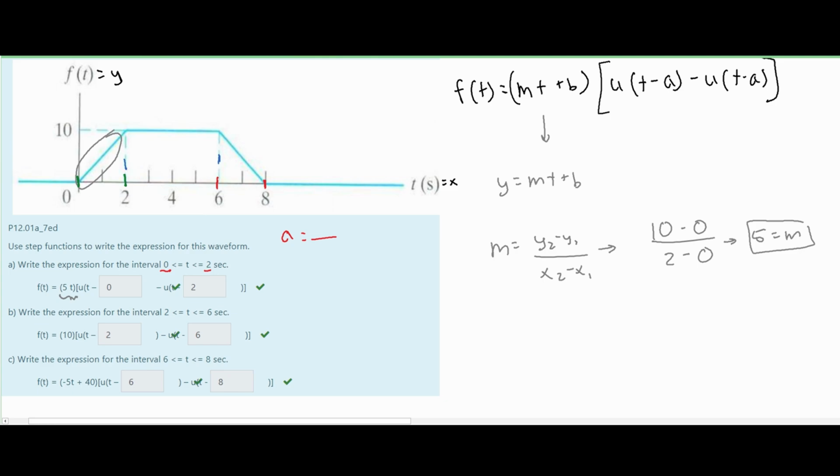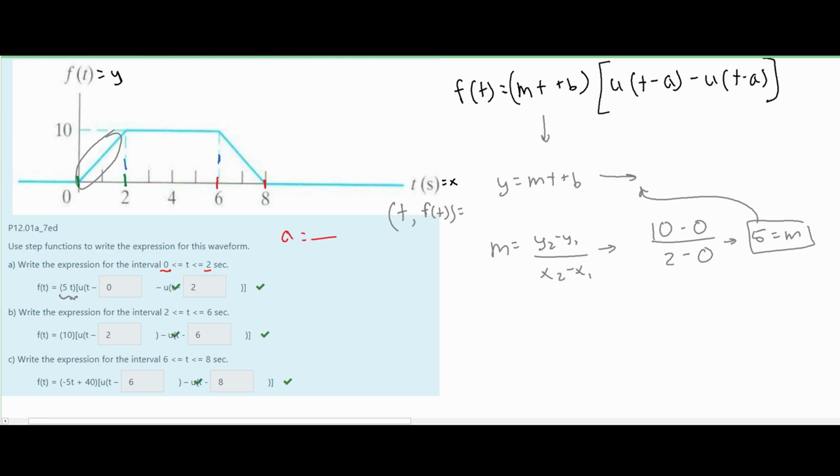The slope is 5. Now we can plug this back into this equation here, and we can just plug in some arbitrary value that is in the actual slope part for our y and our t. So we're going to have t comma f of t in parentheses, and then the points that I'm going to choose, just because it's the easiest, is going to be 0 and 0.